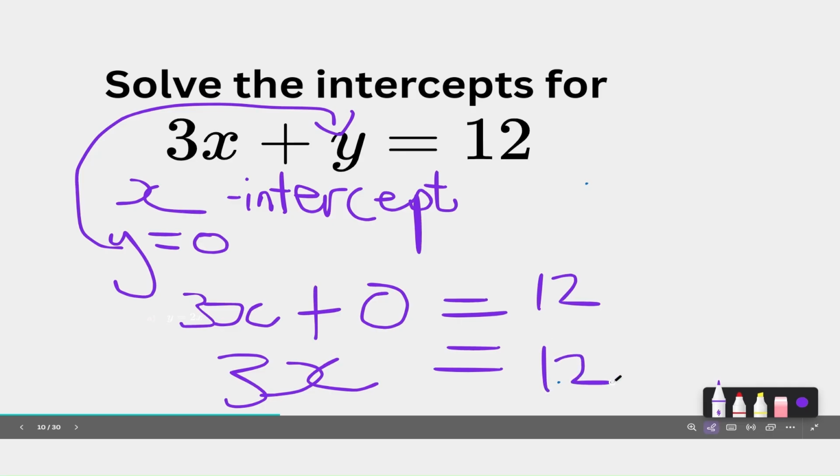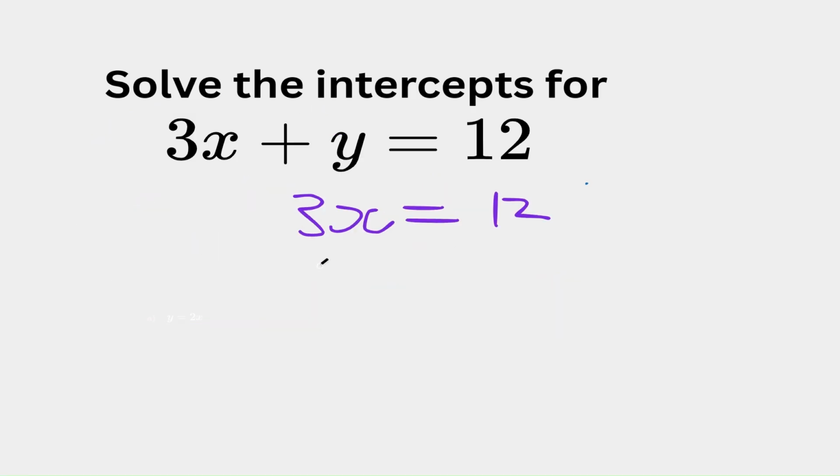What are we going to do now? We are going to divide. With what are we going to divide? We need to get rid of this 3, so we are going to divide by 3. And when we divide by 3 on the left-hand side, we need to divide by 3 on the right-hand side as well.